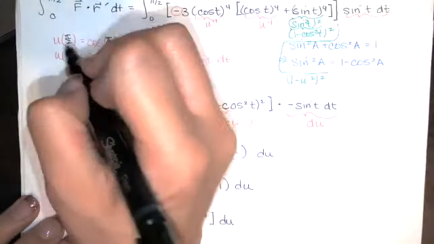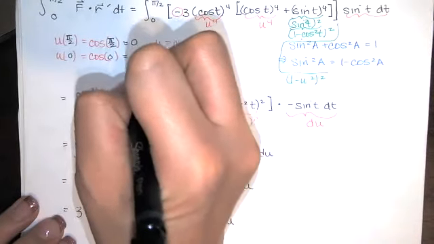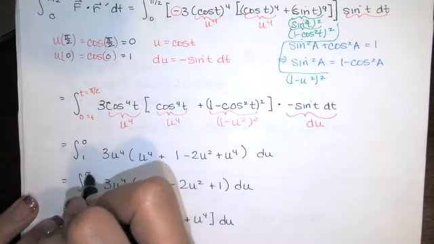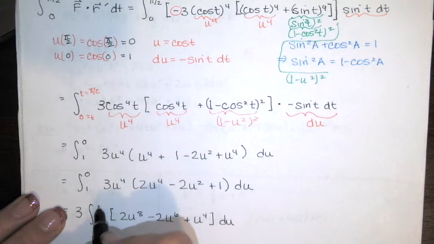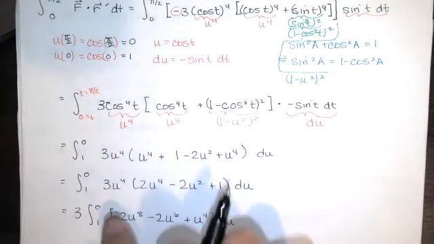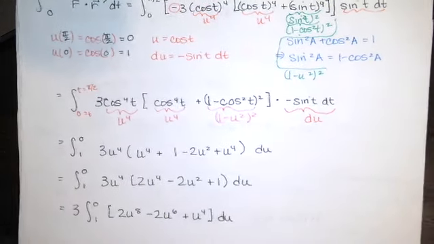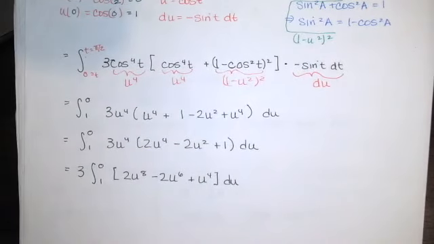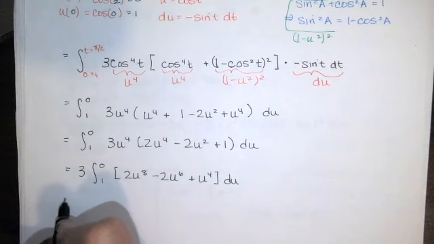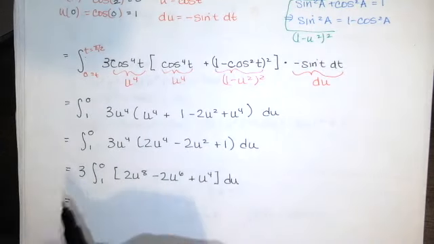And then when t equals 0, we get cosine of 0, which is 1. So you've got a 0 and a 1 there, and a 0 and a 1 here. Now you can flip those and multiply by a negative if you want to. It's up to you. You don't have to. Okay. Now from here, I'm just going to leave it alone.